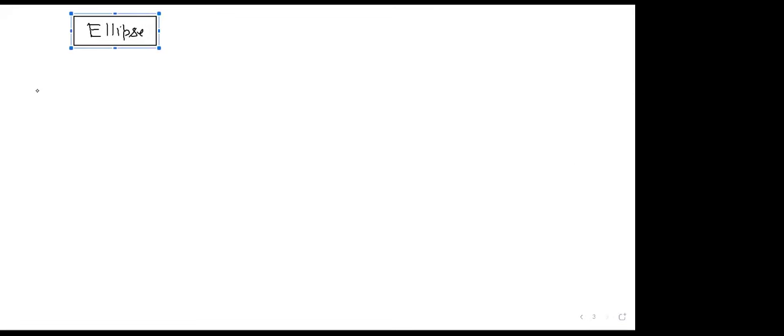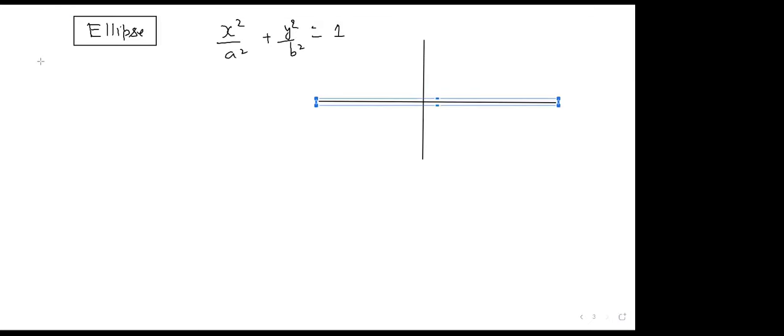Ellipse. The standard equation of an ellipse is x square over a square plus y square over b square equals 1. And the graph of an ellipse is like this. This is the graph of an ellipse when the major axis is the x-axis.